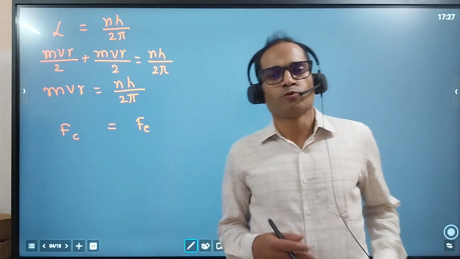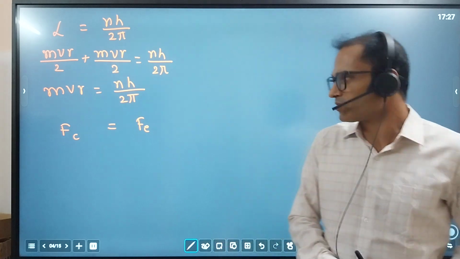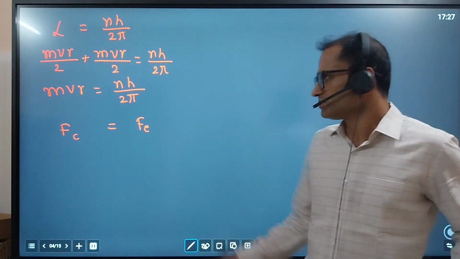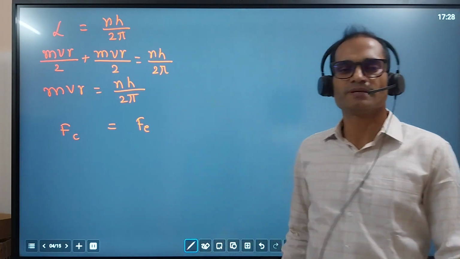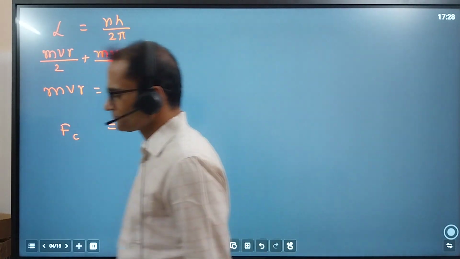Whatever centripetal force is needed for orbiting is given by the electrostatic force.